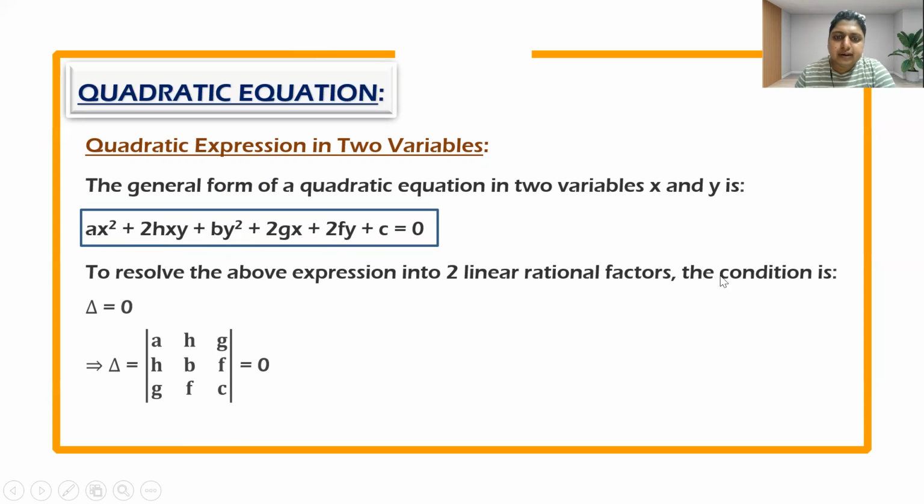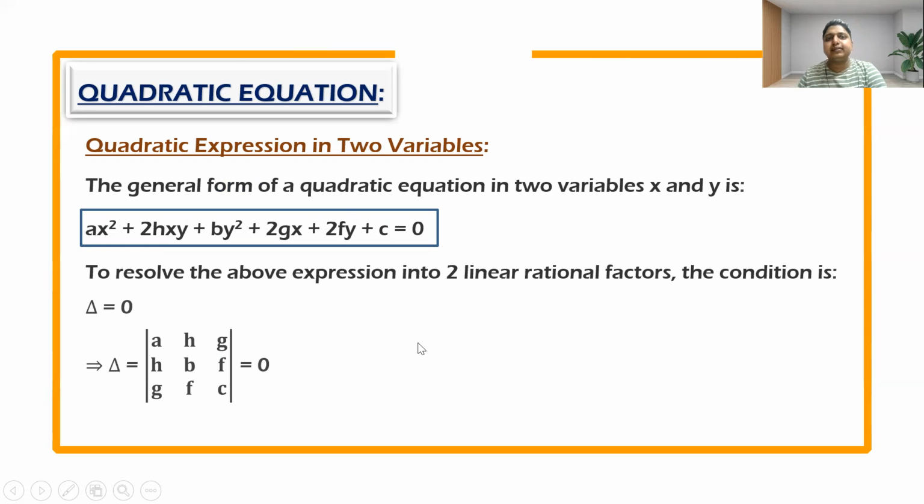To resolve the expression into two linear rational factors, the condition is delta is equal to 0. Delta means discriminant... sorry, it is not a discriminant, it is a determinant.